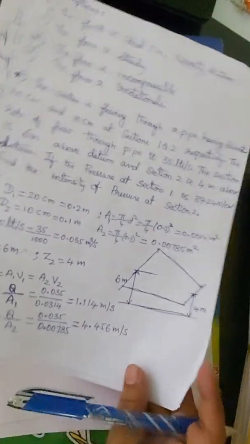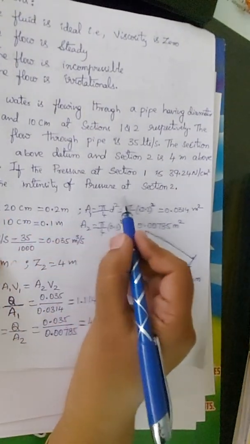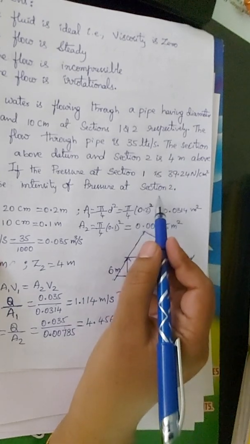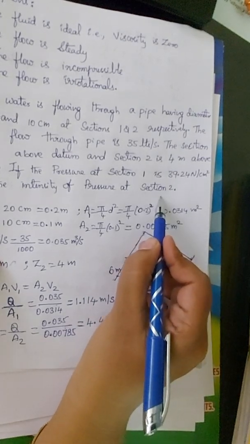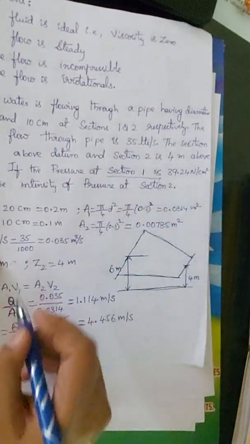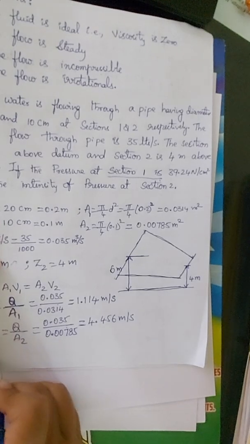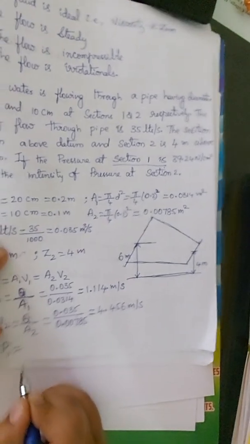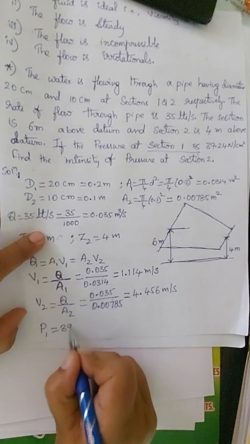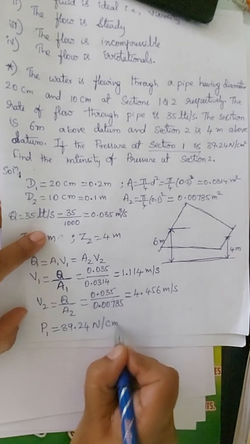Now what do we want? We have to find out the intensity of pressure at section 2. He has given P1, the pressure at section 1, that is P1 is equal to 39.24 Newton per centimeter square.